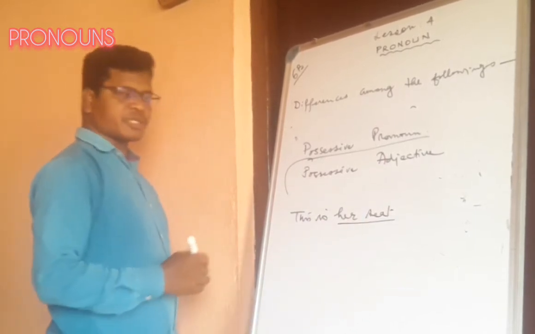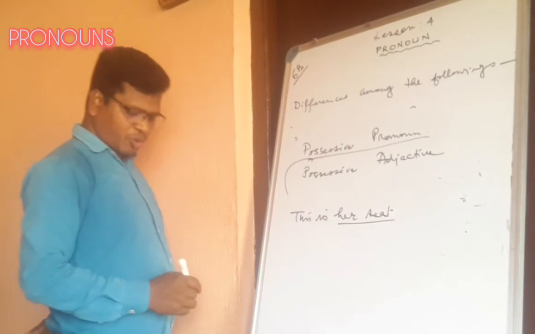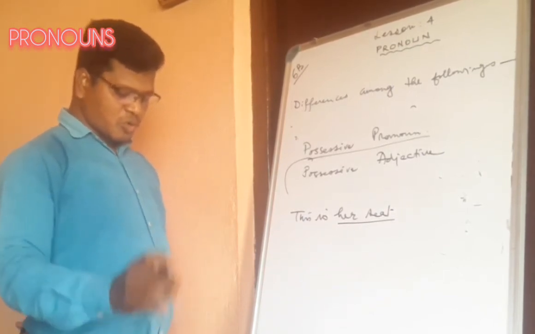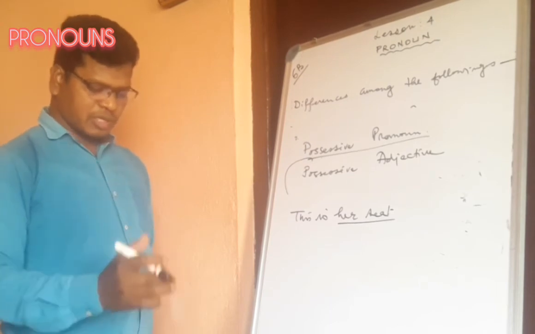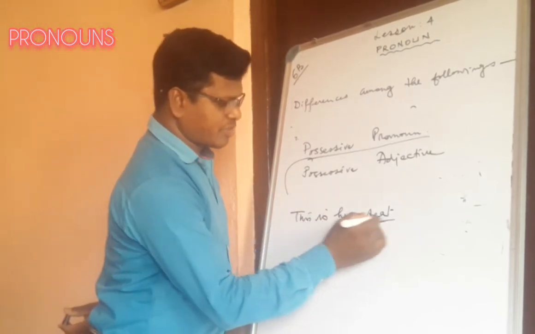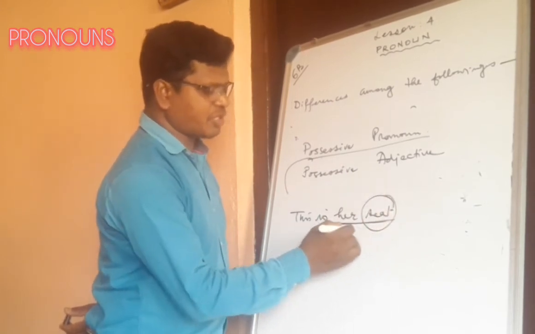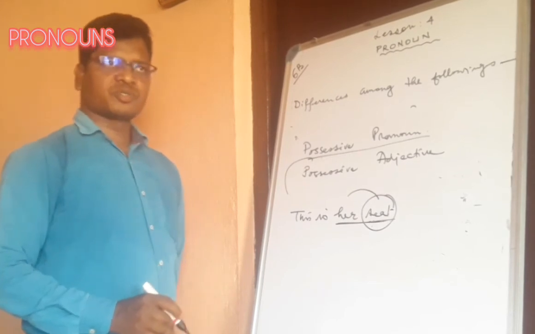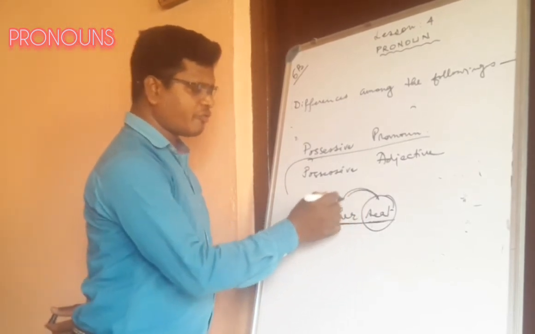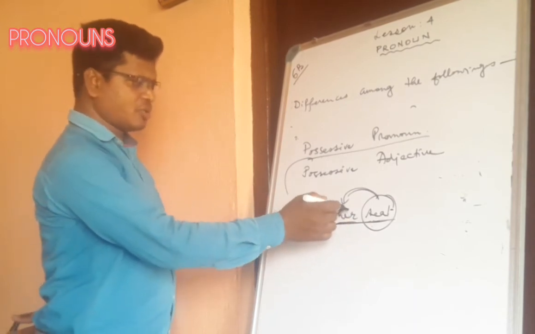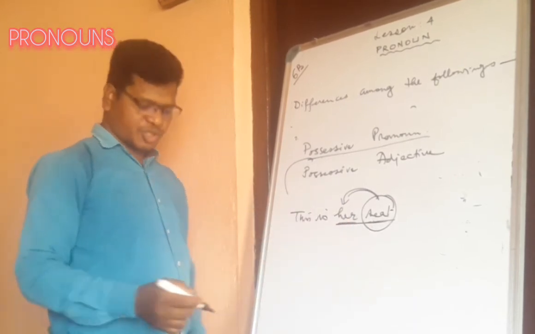Here you see, this is her seat. When we talk about a possessive adjective, it shows who the thing belongs to. This seat belongs to somebody. So who is the owner? We can see here, her. It is her seat. So she is the owner of that seat.